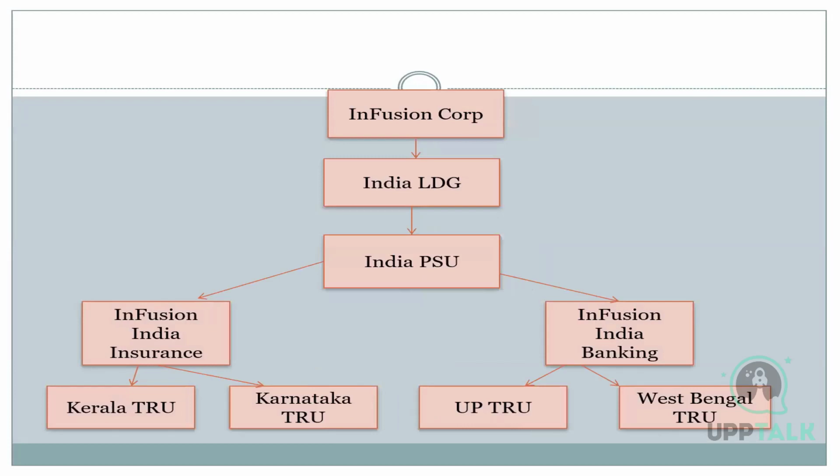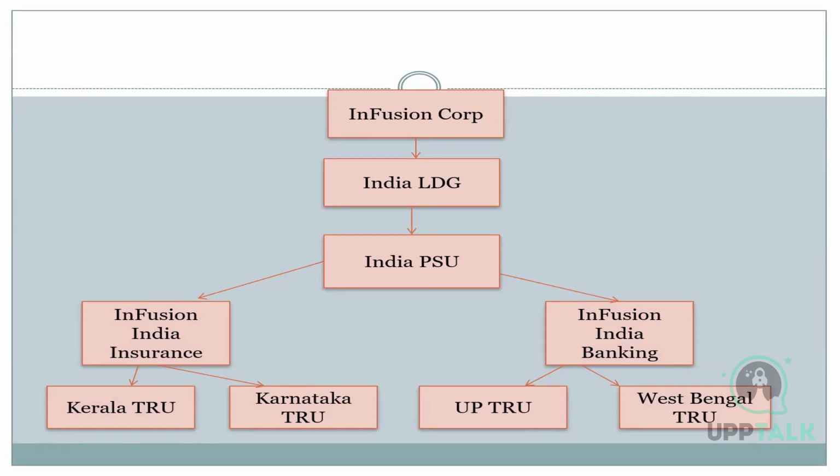Okay, then we have Infusion Corp. Infusion Corp is the highest level of enterprise structure. I'll just give an example. This is just an example. Infusion Corp is first. Second, we have India LDG.